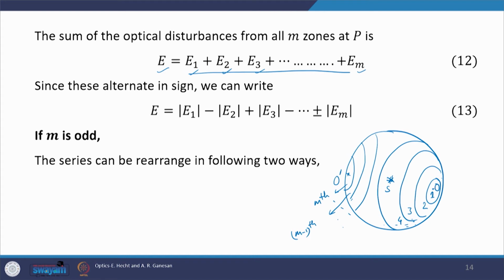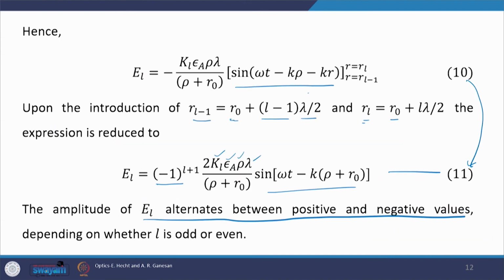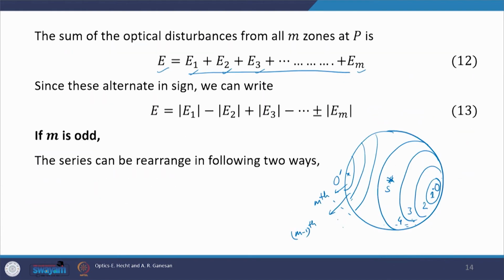We also know that in the expression of EL, in this equation number 11, you see that the amplitude of EL alternates between positive and negative value. Therefore, we will use this knowledge and implement it in equation number 12, and therefore 12 modifies to 13, which now has alternate sign before all field contributions.